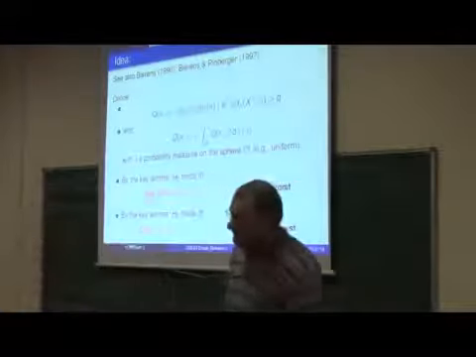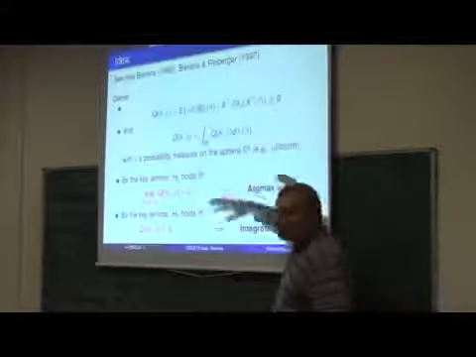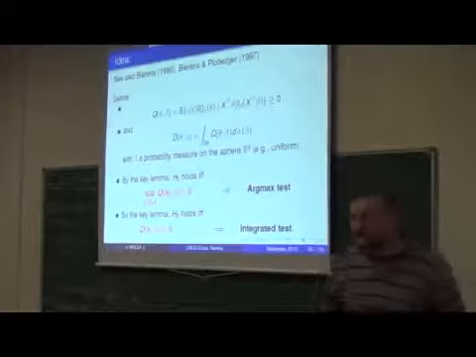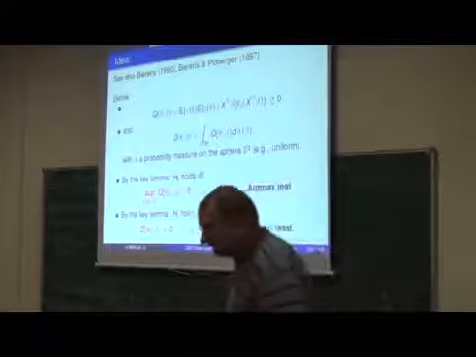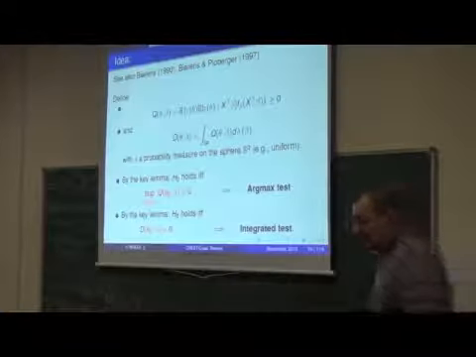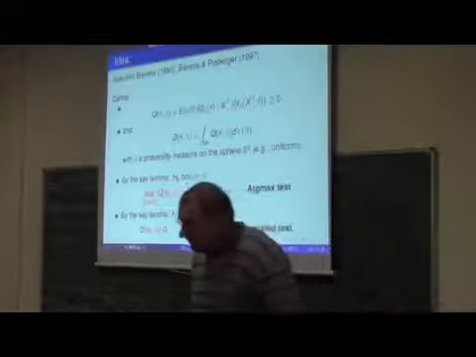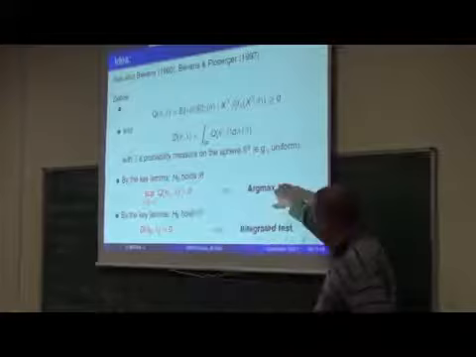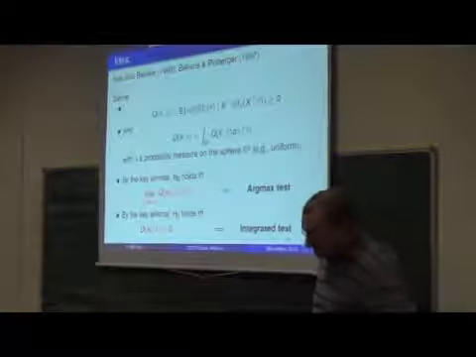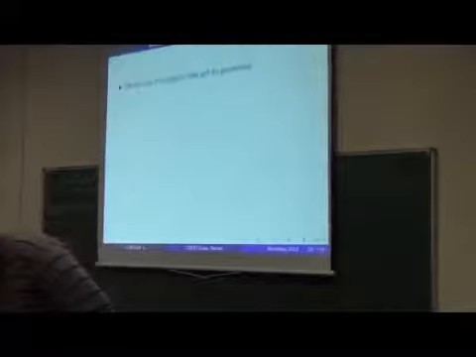The other one would be, as I said, to integrate everything and to look at the whole sphere, or at least at a subset of that. And this is what we call the integrated test. Well, I will get more into the details in the integrated test. Argmax test. The integrated test has some problems.